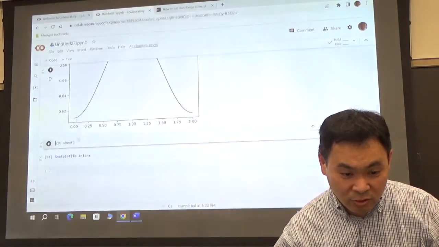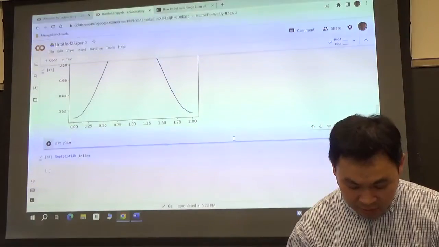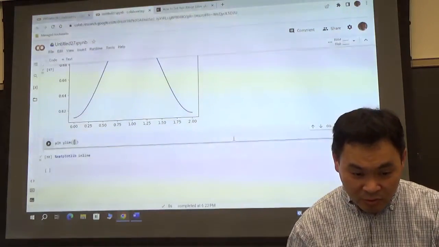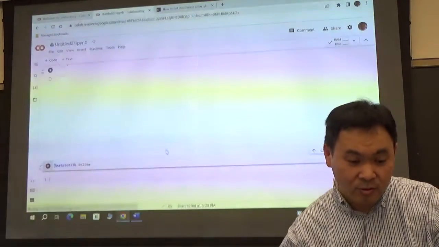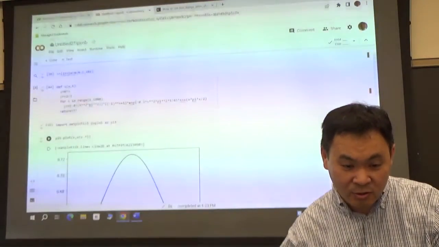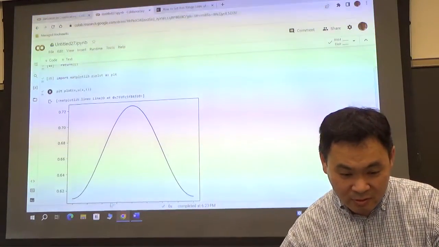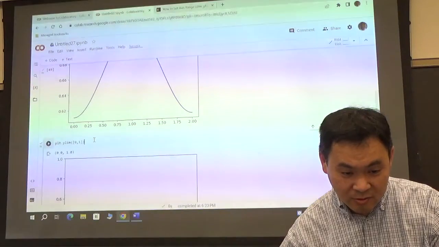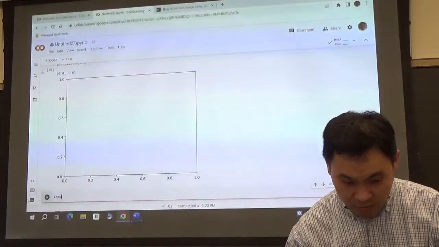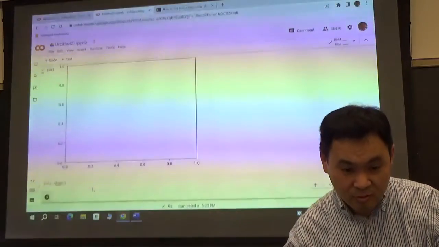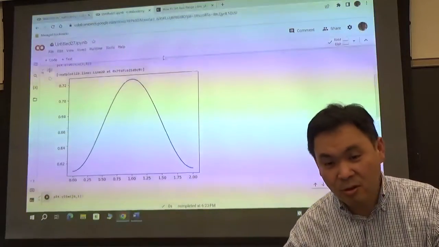So I want to execute plt.ylim with minimum 0, maximum 1. Okay. So if I set that and then execute this again, no, it didn't work. No, it's not working.